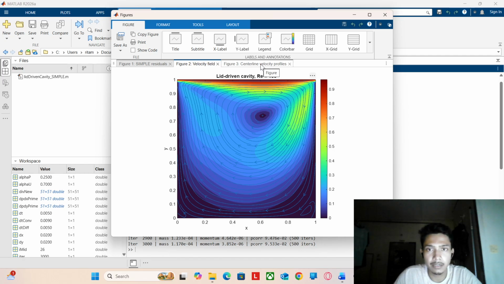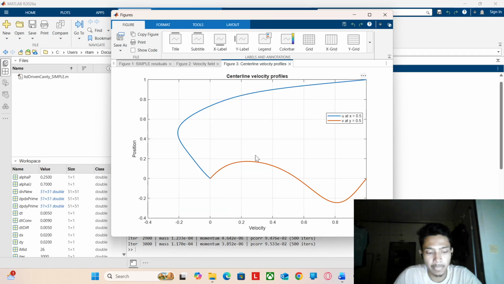Now let's see the centerline velocity profile. This is the third figure that shows centerline velocity profiles. The blue curve represents horizontal velocity along the vertical centerline. The orange curve represents vertical velocity along the horizontal centerline. These profiles are commonly used to validate cavity flow simulations.